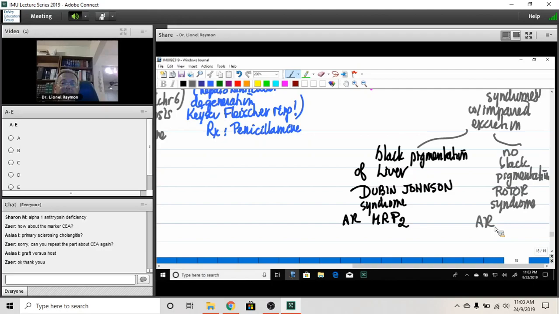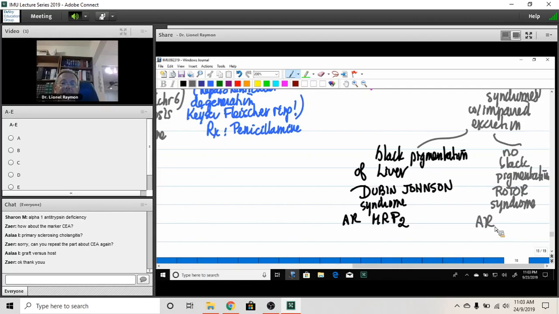In Dubin-Johnson, the MRP2, well, that's the one that would allow you to actually take it from the sinusoids back into the bile, and that's why it stays in the liver. In Rotor syndrome it stays in the blood and then allows it to be excreted in the urine, but you don't see the black pigmentation. So there we go.